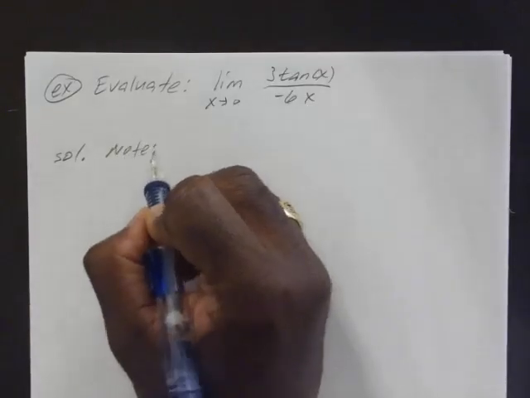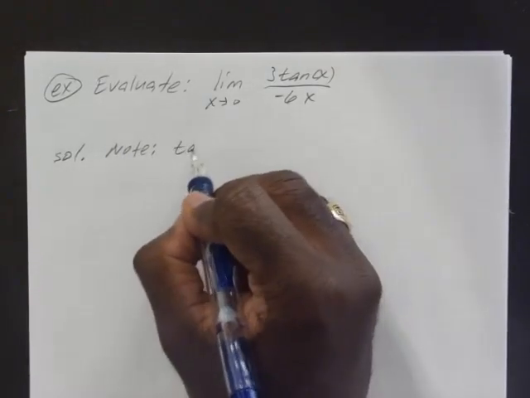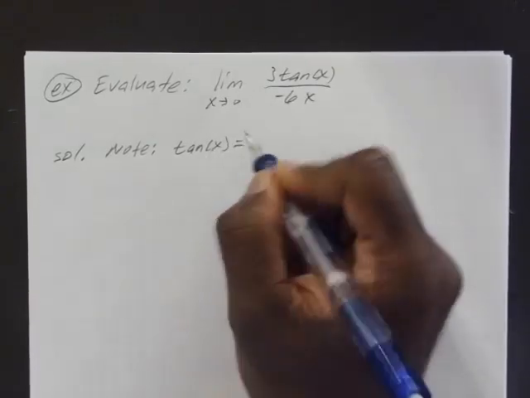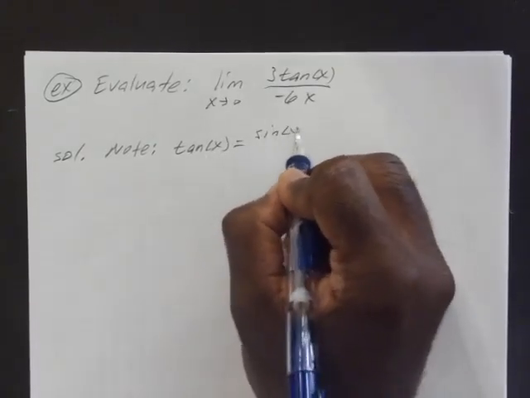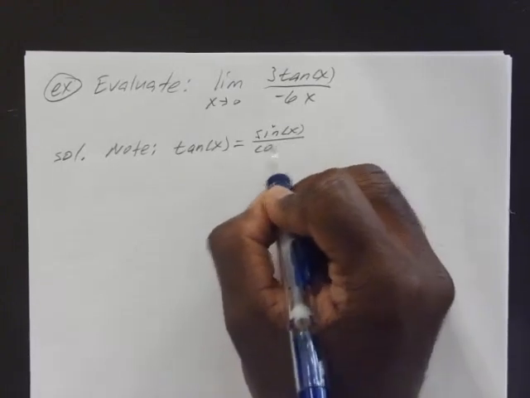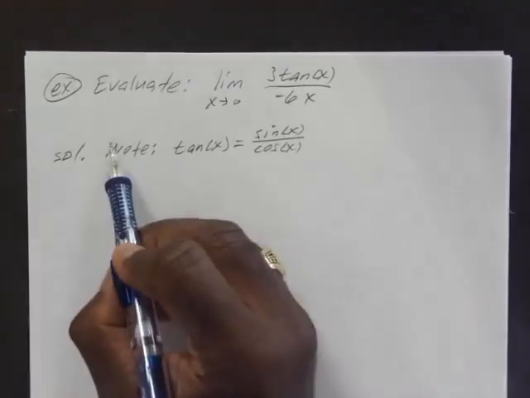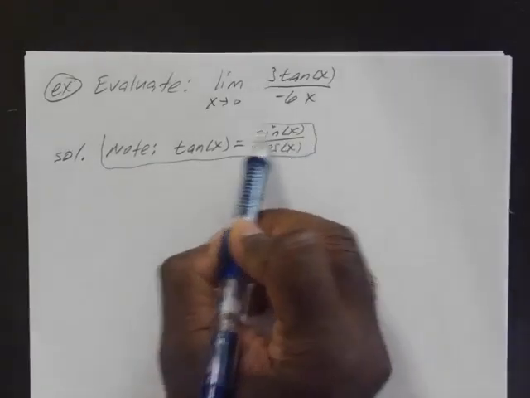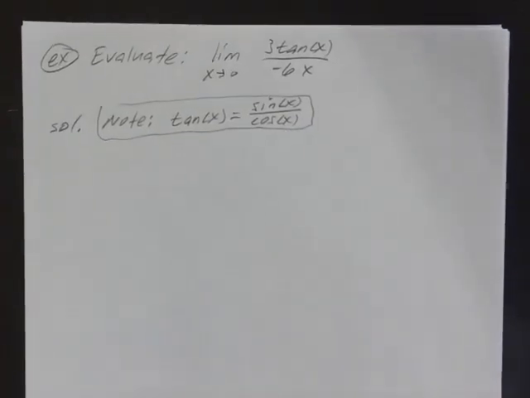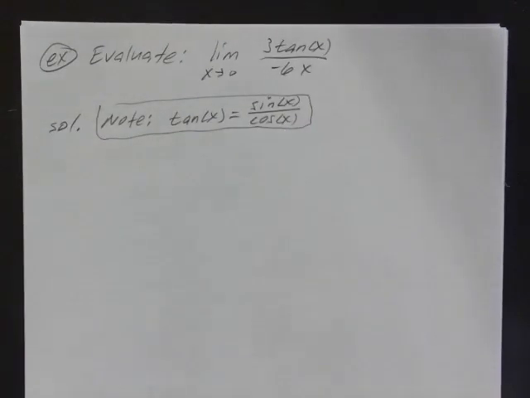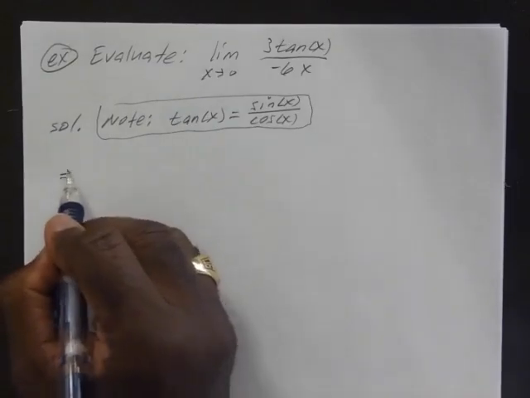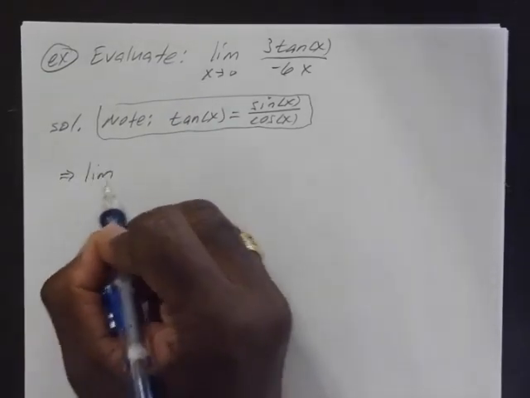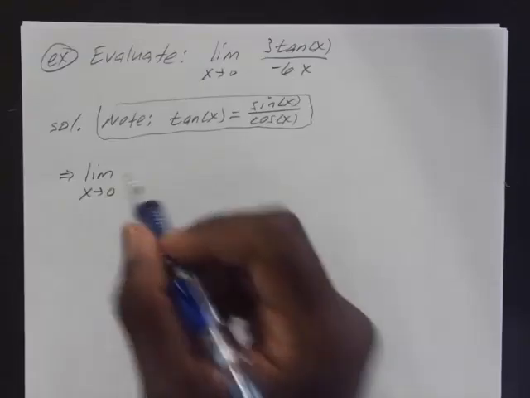And we can do that because we know that tangent of x is equal to sine of x over cosine of x. So we can rewrite this as the limit as x approaches 0.